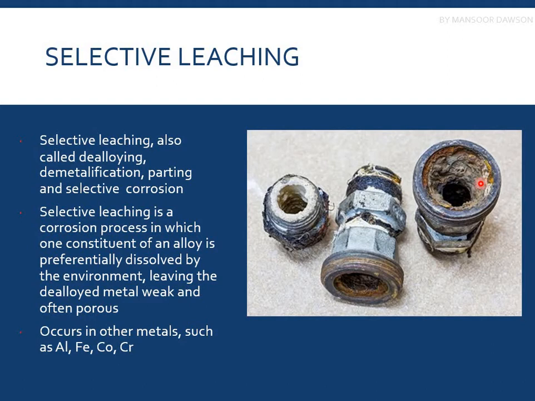So the zinc comes out from the brass matrix and reacts with the corrosion environment to form zinc oxides, and the copper remaining behind is weak and porous, leaving the strength of the part very low. So this is basically selective leaching.